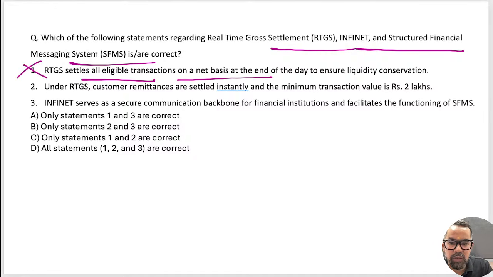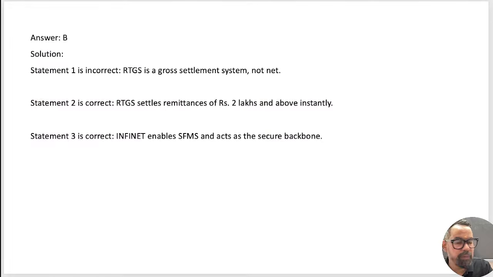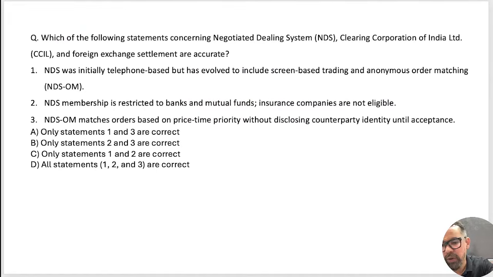It is a gross basis, and NEFT works on a net basis. Under RTGS, customer remittances settle instantly, and the minimum value is 2 lakh. Infinet is the secure communication backbone. So 2 and 3 means option B will be the right answer for this particular one. Correct guys? RTGS is a gross settlement basis, and the rest two statements are correct here. Very good. Next one.